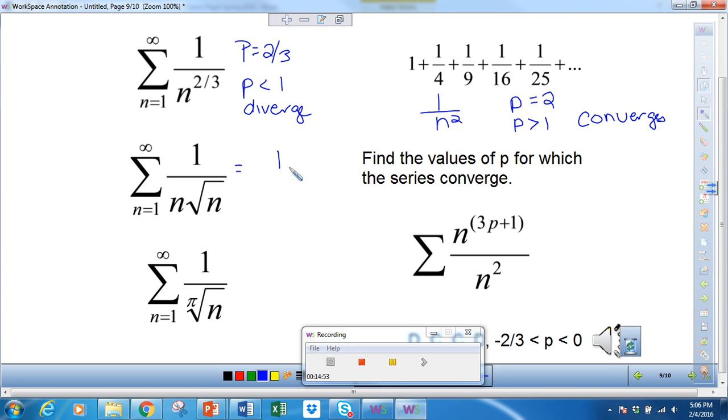We could rewrite this as 1 over n to the 3/2. In this case, p is equal to 3/2, so this converges. We could write this as 1 over n to the 1 over pi. And since 1 over pi is less than 1, this diverges.